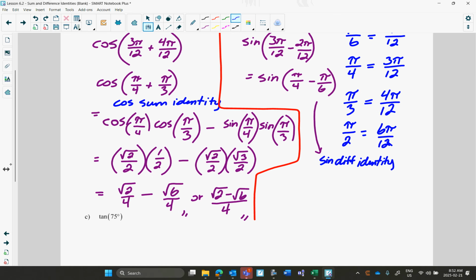And remember, you've got these formulas to work with. So you go to your formula sheet, go to sine difference, which is the one on the upper right. And that's going to be the same as the sine of the first angle, pi over 4, times the cosine of the second angle, pi over 6, minus the cos of the first angle, pi over 4, times the sine of the second angle, pi over 6.